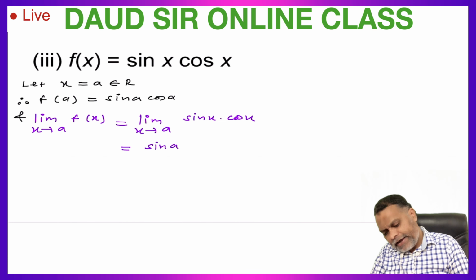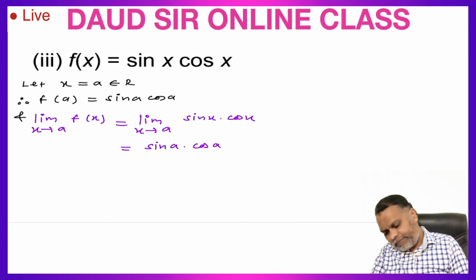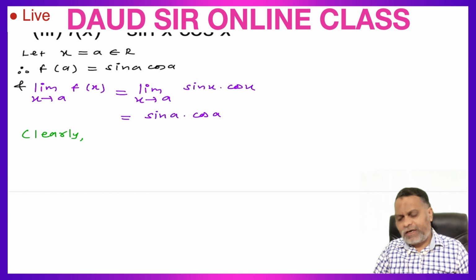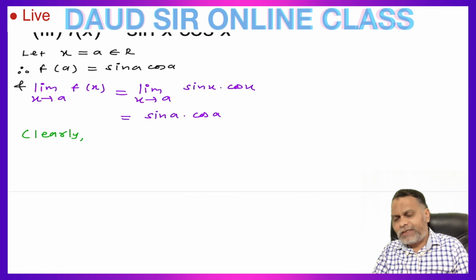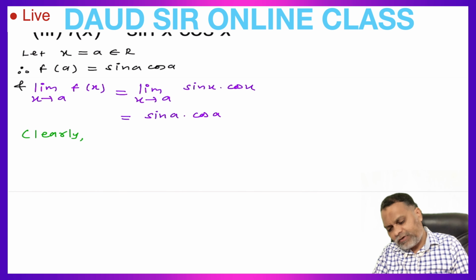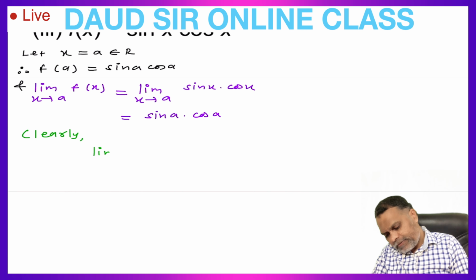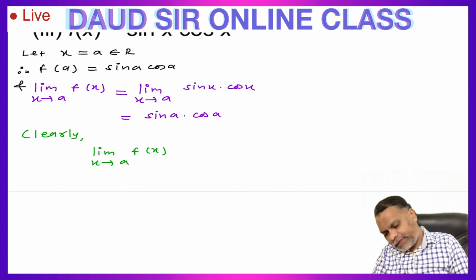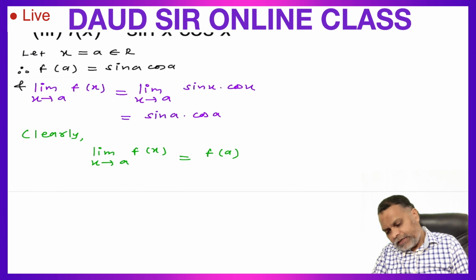So sin a into cos a. Clearly, the limit of function at x is equal to a and the value of function at x is equal to a are equal, sin a into cos a. Limit x tends to a, f of x is equal to f of a.